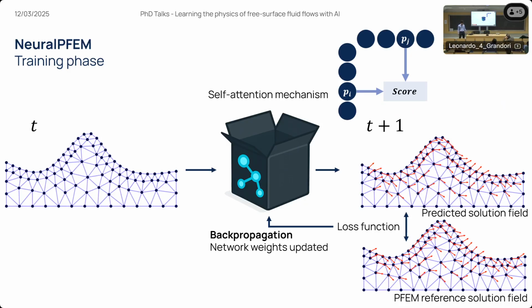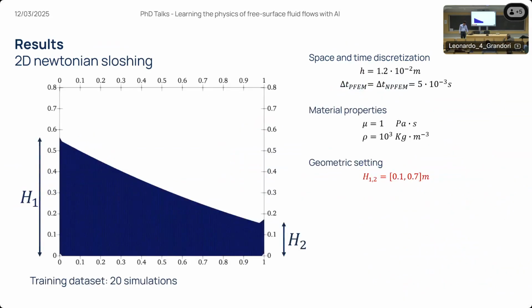And this consents to reduce the amount of data that must be stored to train the network, and therefore to be lighter on the GPUs, because graph neural networks are very memory consuming.